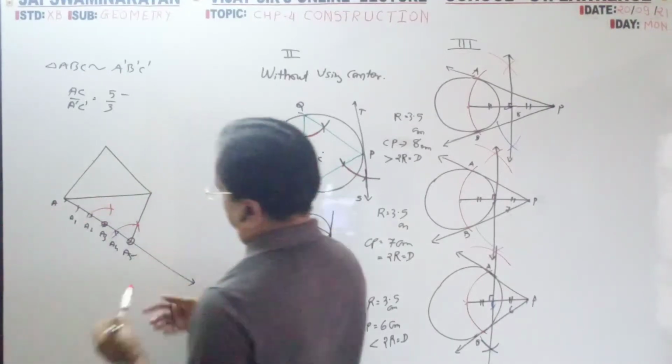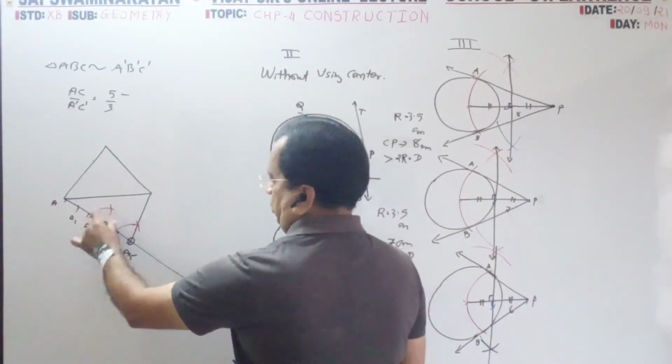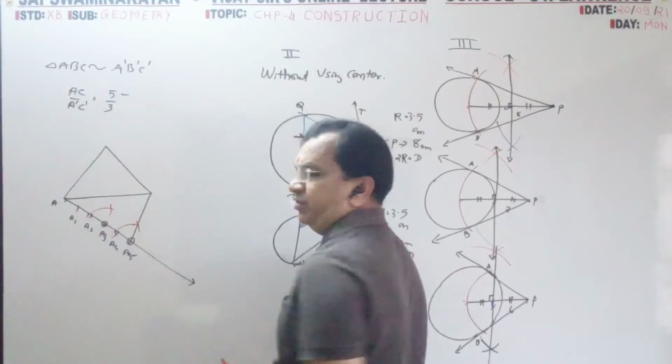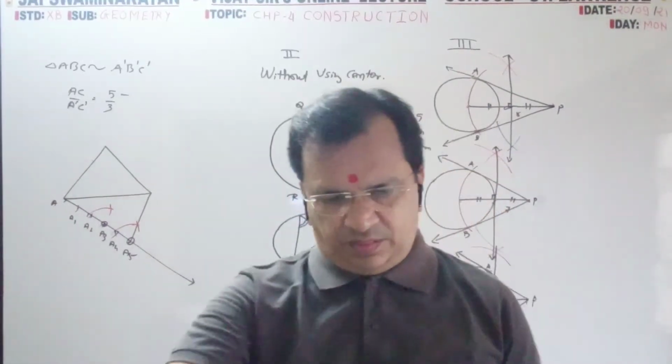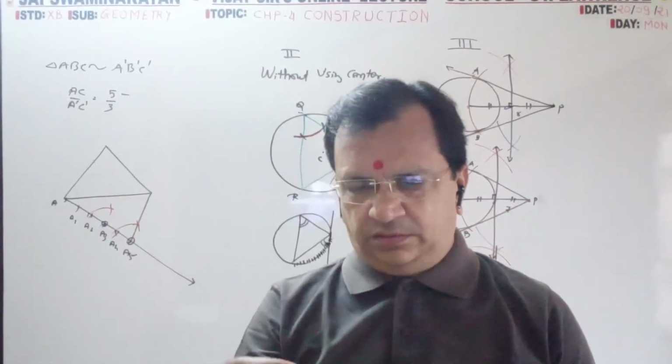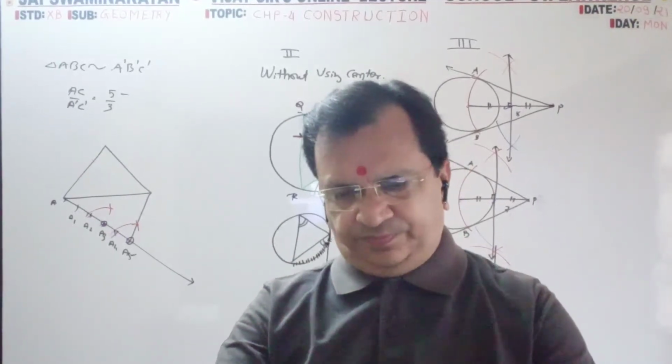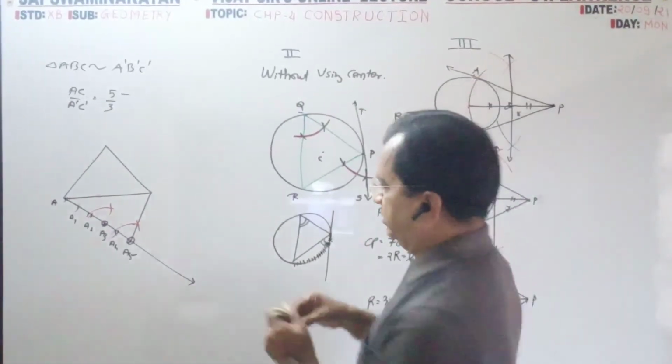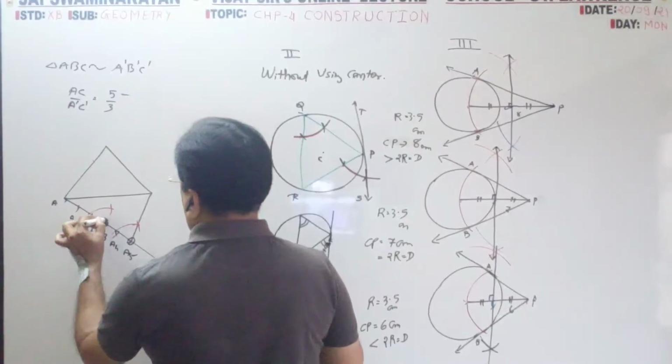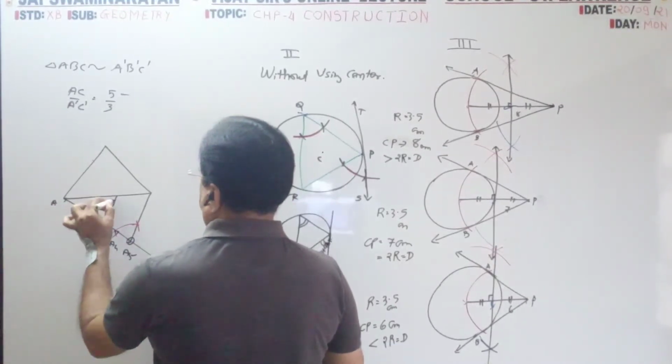Same again: 1, 2, 3, 4. Then draw this, so it is a parallel.